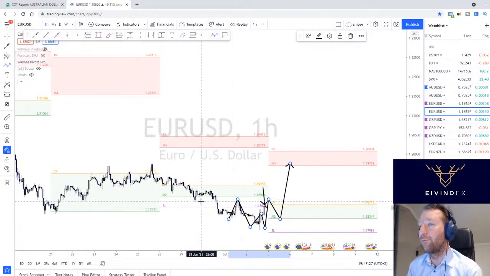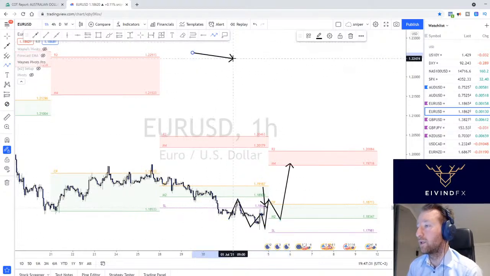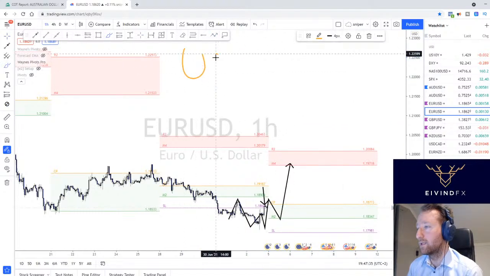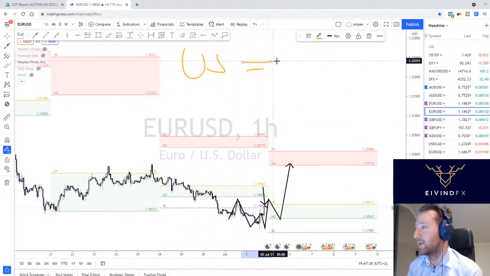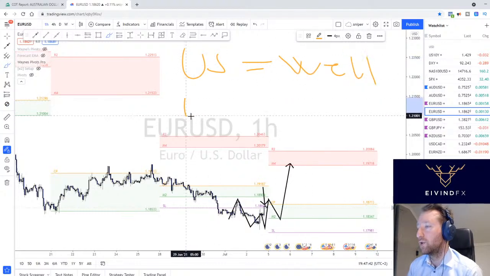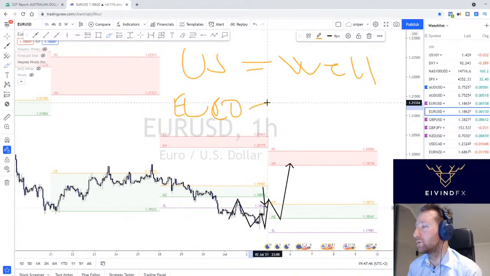What are the fundamentals telling us? So currently America, the US, is doing very well. Euro, on the other hand, how is euro doing?